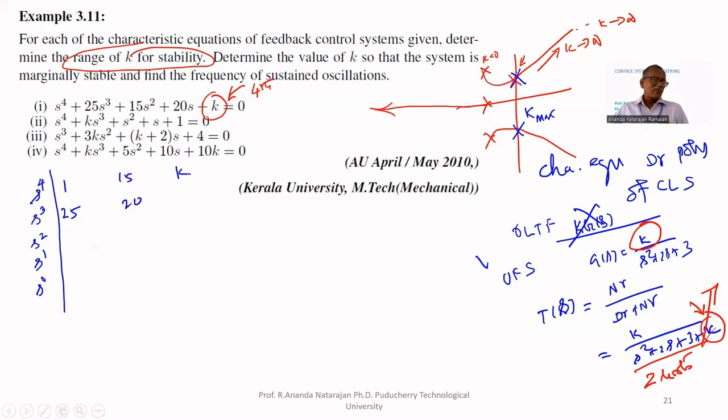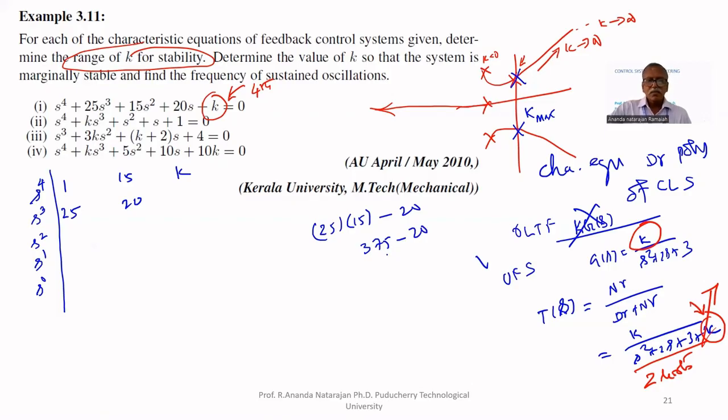The value of k is not given, and we have to find the range of k for which the system is stable. Now s square: 25 multiplied by 15 minus 20. How much? 375 minus 20.